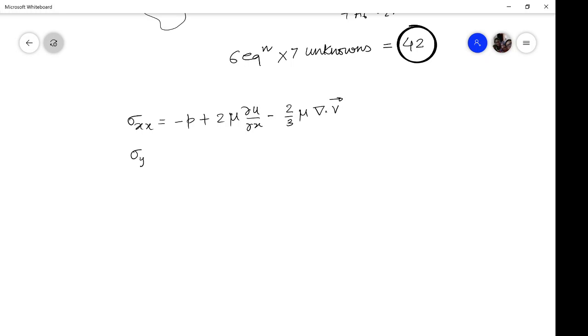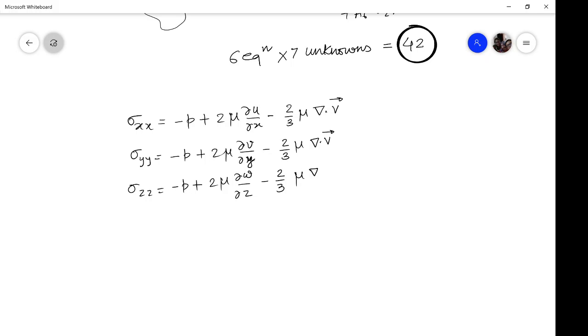Similarly, sigma yy will be minus p plus 2 mu del v by del y minus 2 by 3 mu divergence of velocity vector, and sigma zz is minus p plus 2 mu del w by del z minus 2 by 3 mu, sorry, there is a mistake. Yes. So you can see that all the constants have gone, and what we have got is p and mu.